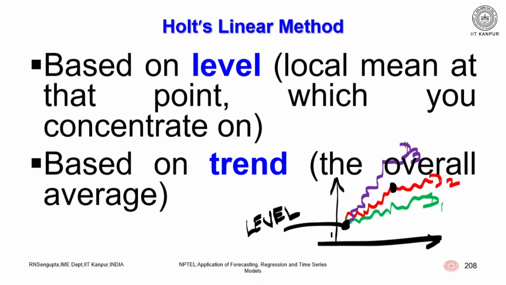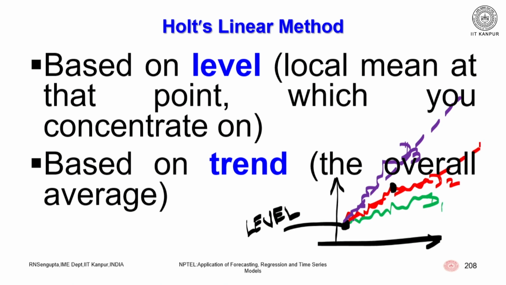Now, the trend for each data set is different, which I will draw. So, if I draw the trend for the violet one, which is data set 3, I am drawing the trend in the hashed line. So, this is the trend. If I draw the trend for the red one, the trend is this.